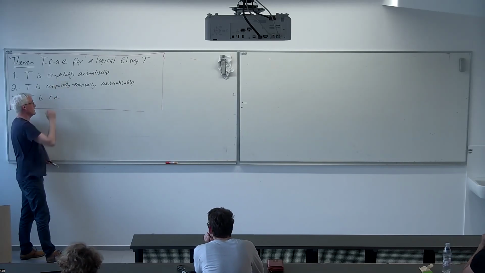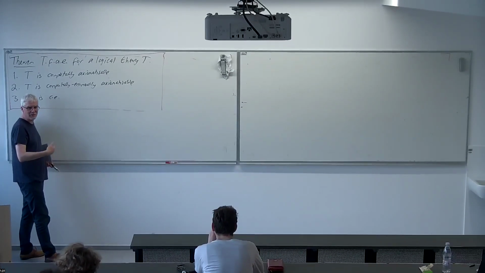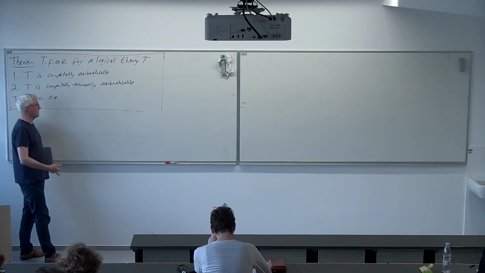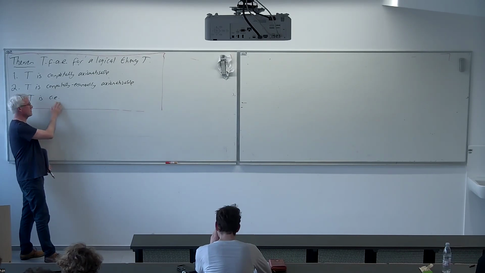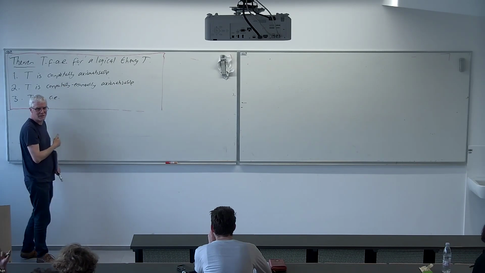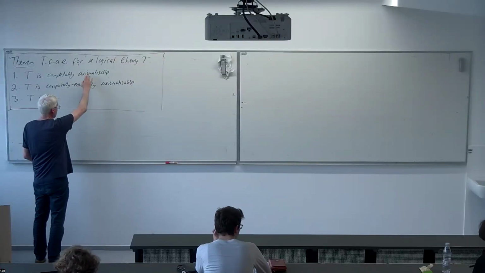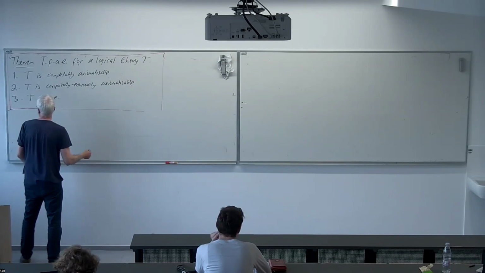Nonetheless, people do like to talk about computable axiomatizability. The reason is that in the context where people talk about it, it's often very natural to think about axiomatizations. And indeed, to show that a theory is computably enumerable, a very natural and often practical way to do it is to come up with a computable axiomatization for it. So computable axiomatizability tends to be the nice property to work with.